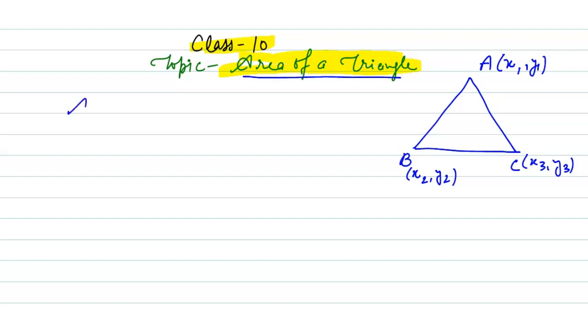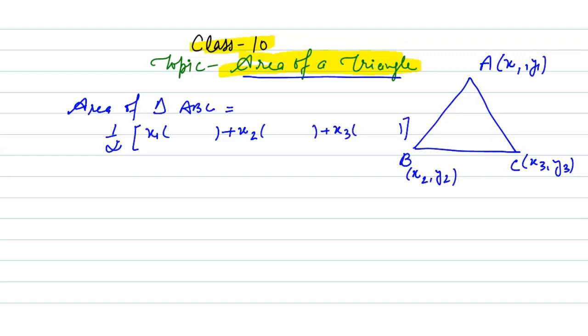So the formula is: area of triangle ABC is given by 1 by 2 in bracket x1 outside, same pattern, x2, x3, bracket close, inside y2 minus y3, y3 minus y1, and y1 minus y2. This is the pattern to learn.